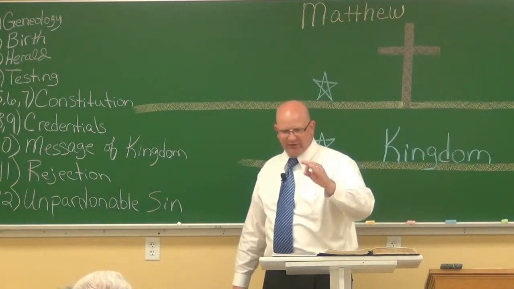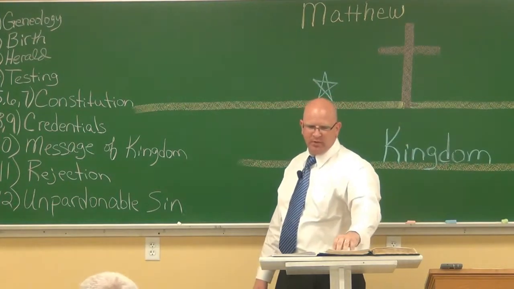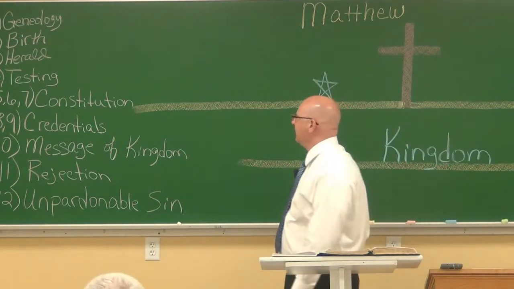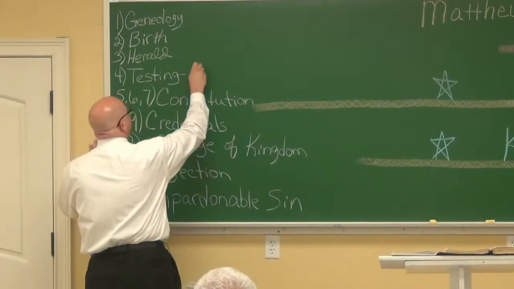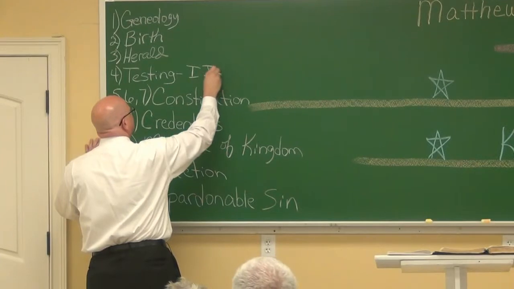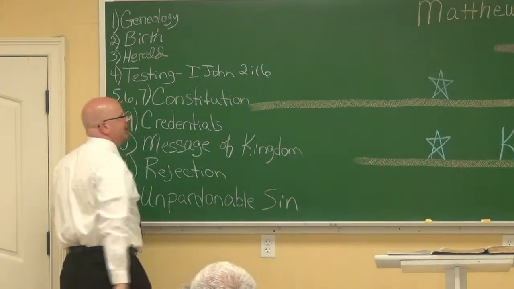now, you write this down. 1 John chapter 2, verse 16. This is how the devil does. Matter of fact, I'll write it up here. 1 John 2:16. You know what 2:16 says?